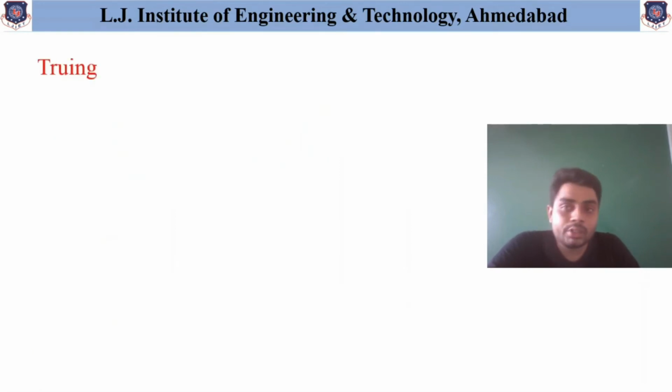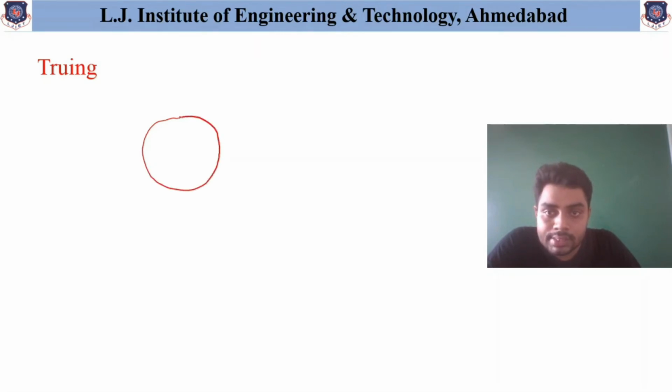The next important terminology is truing. To understand this further, let's take an example. The abrasive particles, by using any type of bond, are adhered on the surface or periphery of this grinding wheel, and as these abrasive particles are of irregular shape and size, what happens?